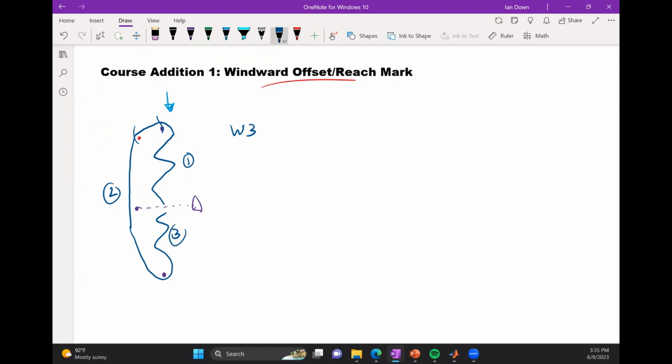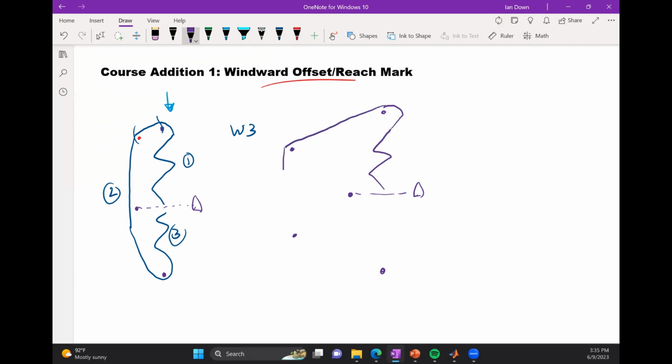Sometimes the course will be trapezoidal, in which case we will have our pin, committee boat, windward mark, leeward mark, starting line, and our reach mark will be all the way to the left of the pin, and then there will be another one leeward of that, where we basically get 2 reach legs.